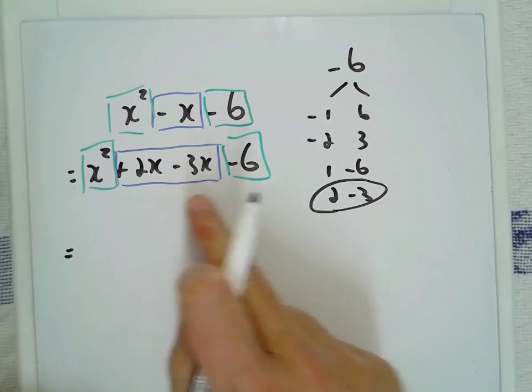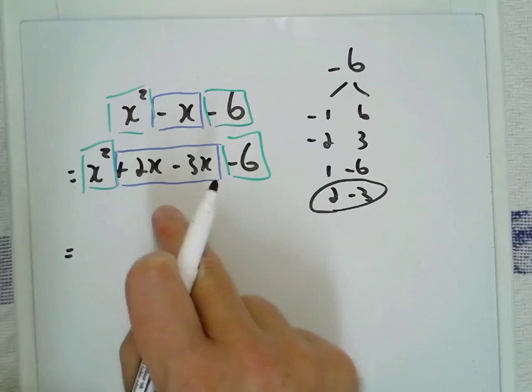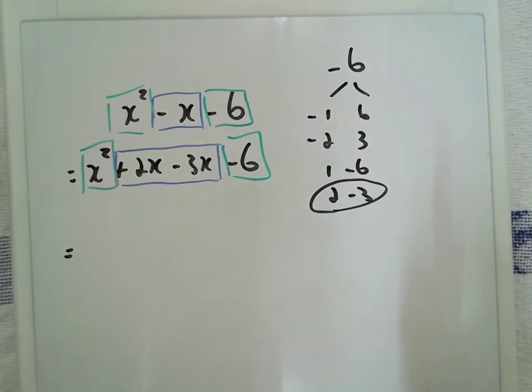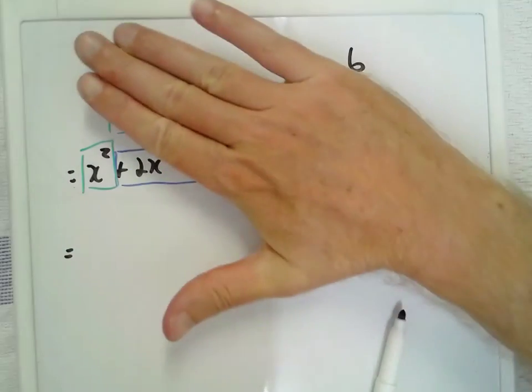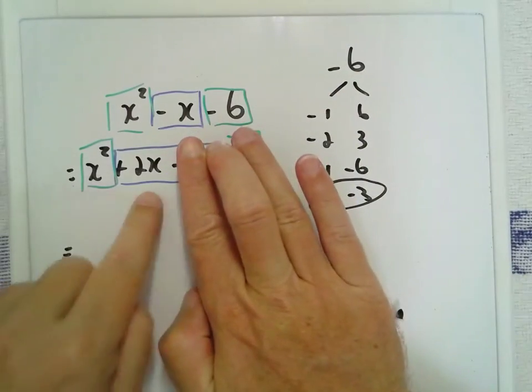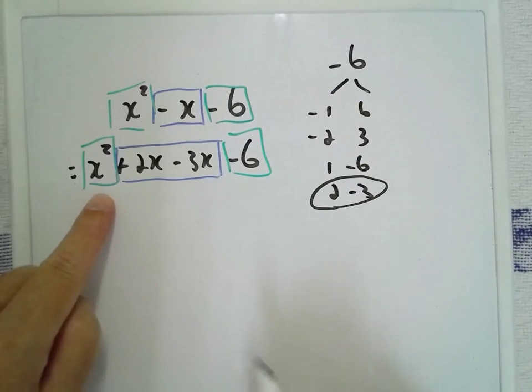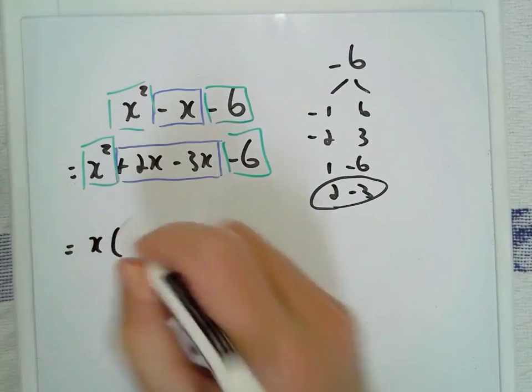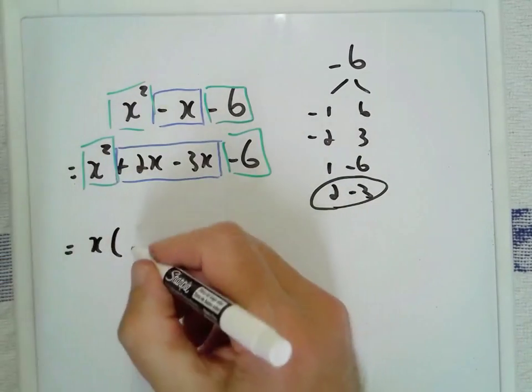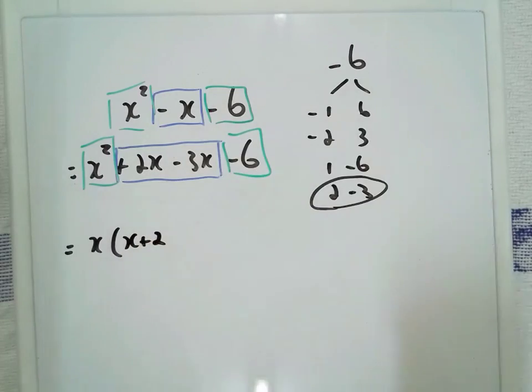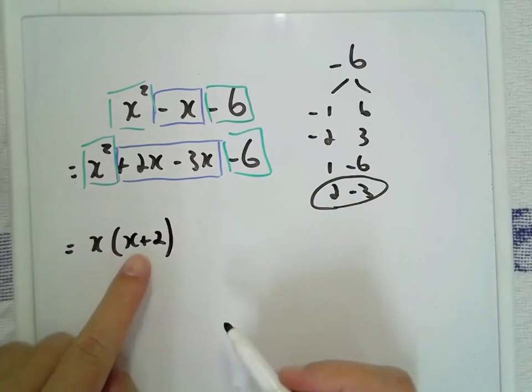This is like our 4-term factorisation from our last video. So I'm going to ignore the last terms and factorise the first two terms, and it's the x that's common. I'm going to take x out of both of those, and I'm going to leave x plus 2. See that bracket?